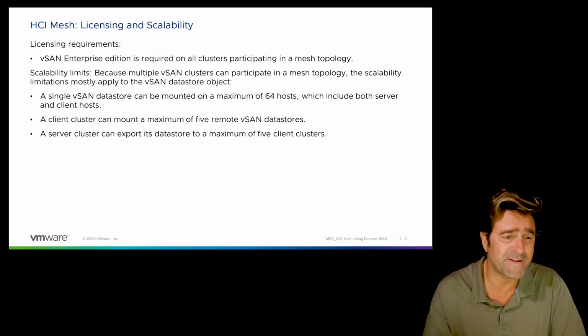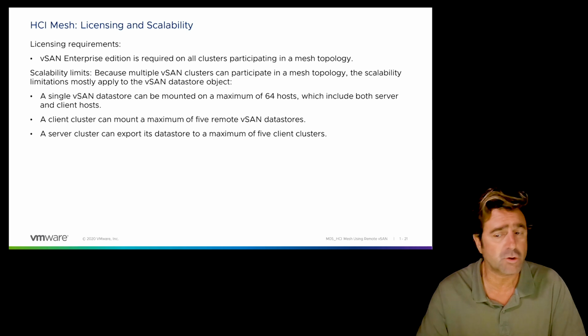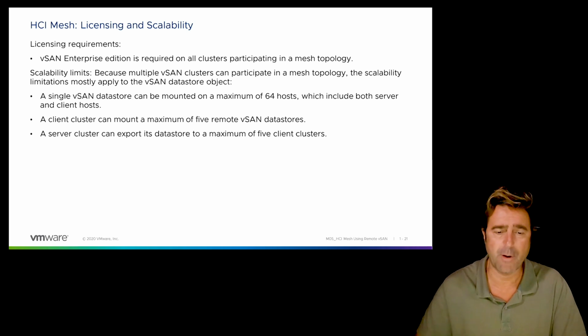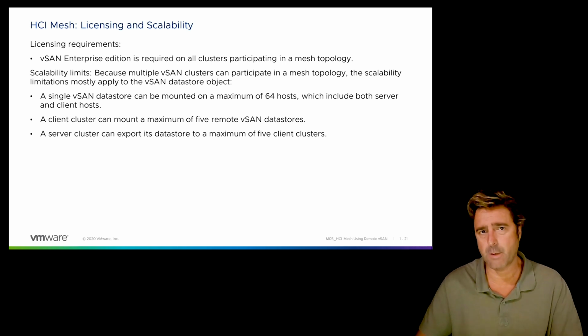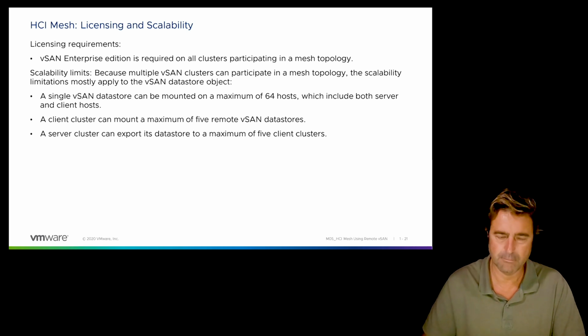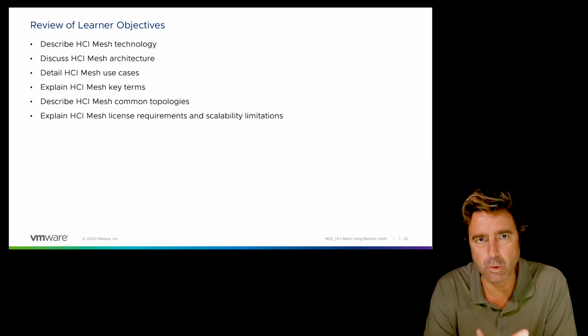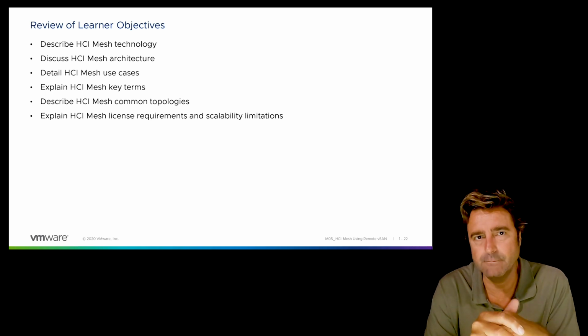And it says vSAN Enterprise Edition is required on all the clusters participating in a mesh topology. At the bottom of the page, they also tell you that a client cluster can mount a maximum of 5 remote vSAN data stores. And if you take a look, that concludes lesson number 1.